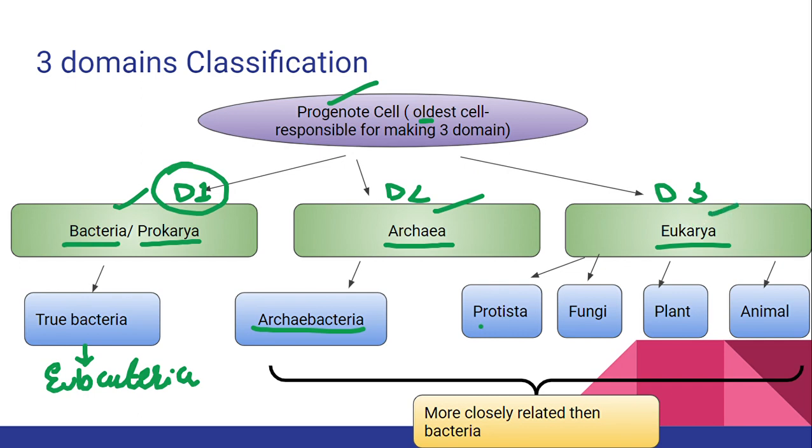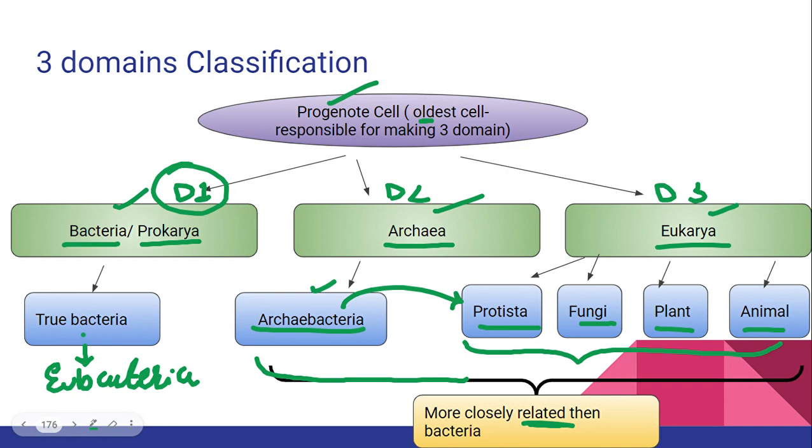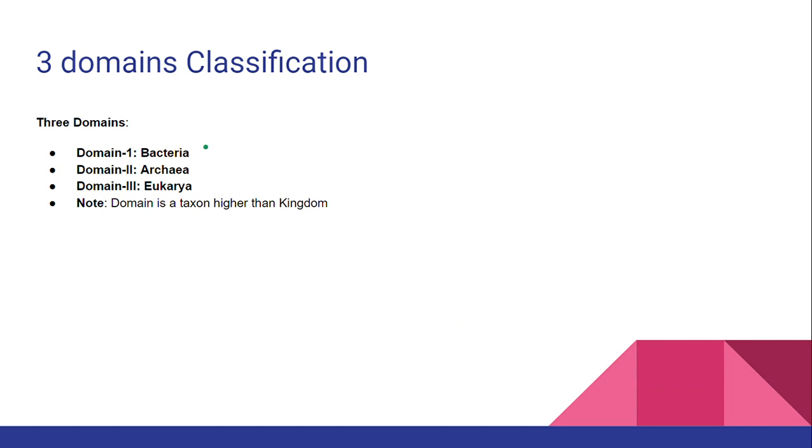When we talk about the eukarya domain, we have Protista, fungi, plants and animals. Anyway, we have studied that these are the eukaryotes, but this was the prokaryote, right? But we saw that the archaea bacteria show similarity with the eukaryotes, right? So archaea bacteria, Protista, fungi, plants and animals show a closer relationship than with the bacteria.